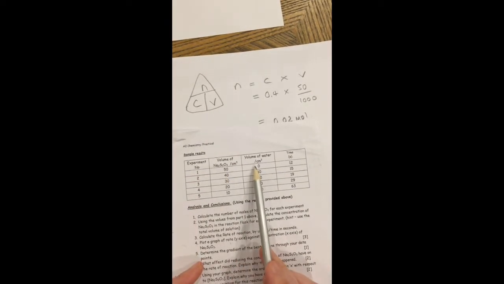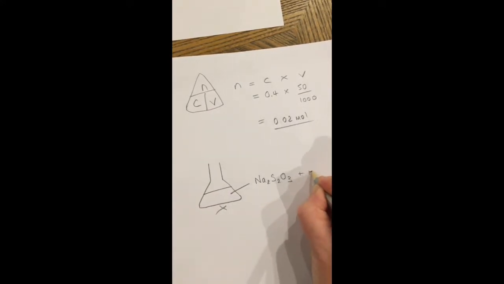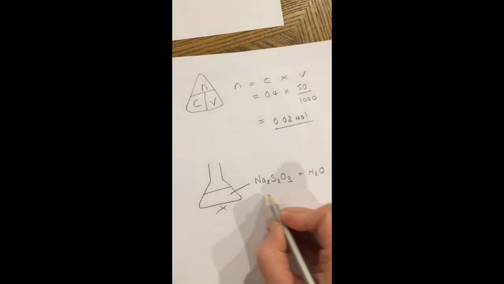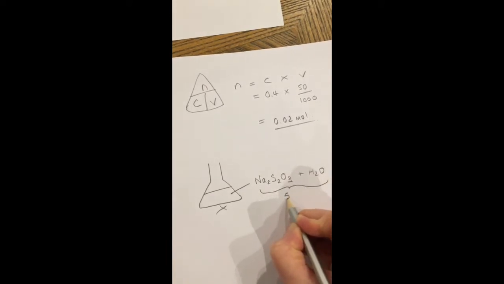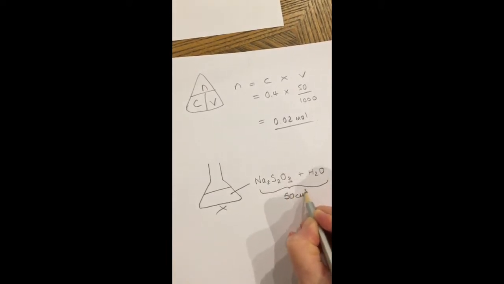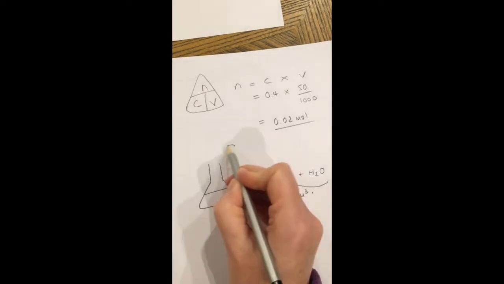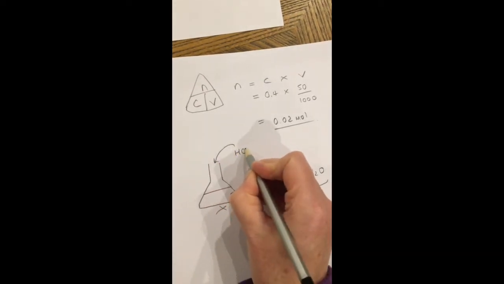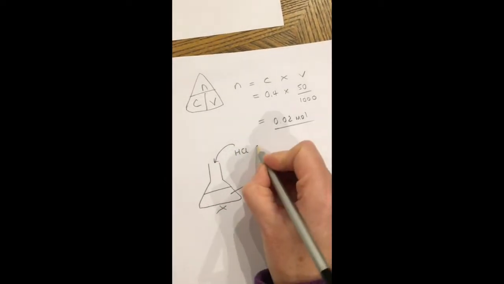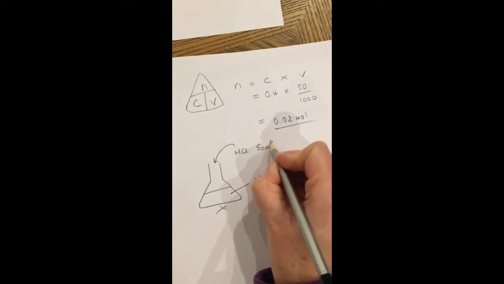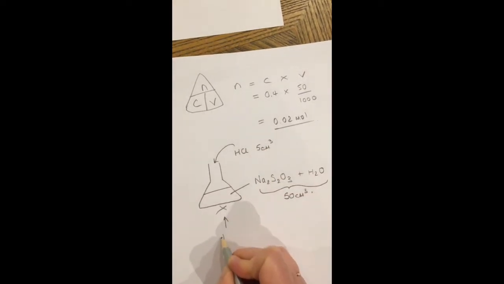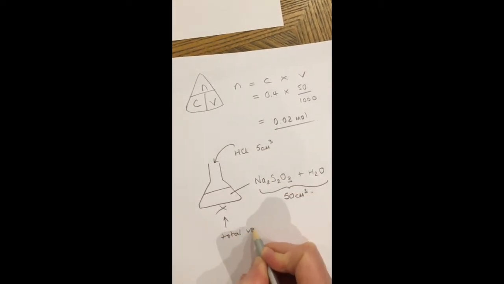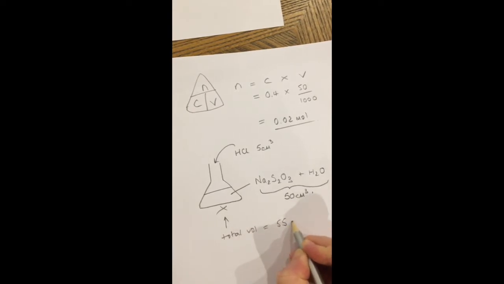So you put that in, you also put the water in, plus your water, and those two combined made 50 centimetres cubed. But you also had to put in some HCl, that was your catalyst, and that was 5 centimetres cubed. So the total volume in that flask was in fact 55 centimetres cubed.